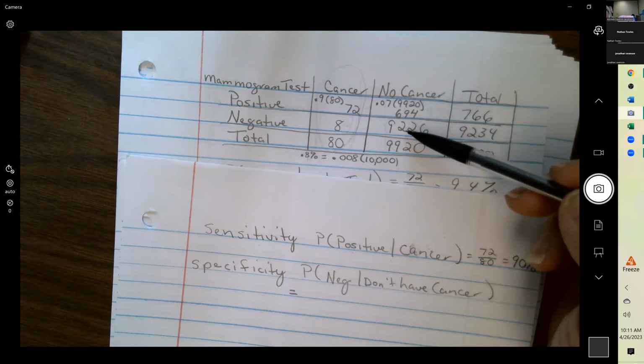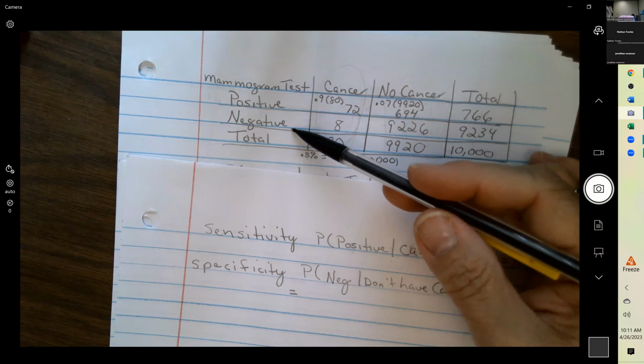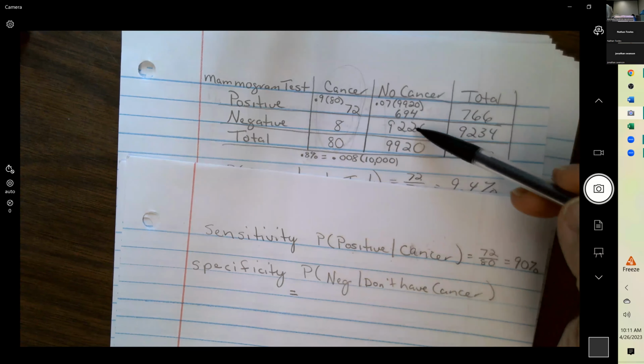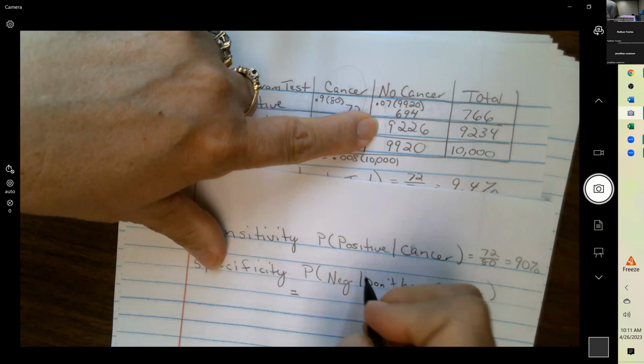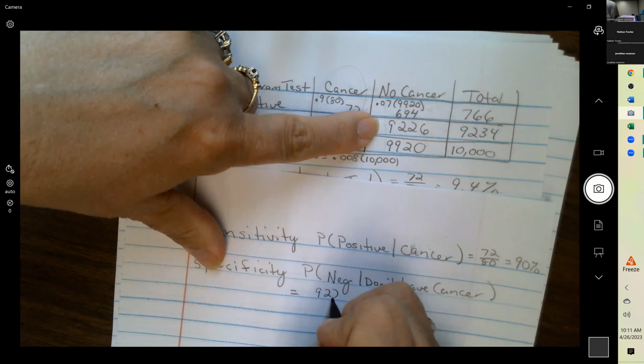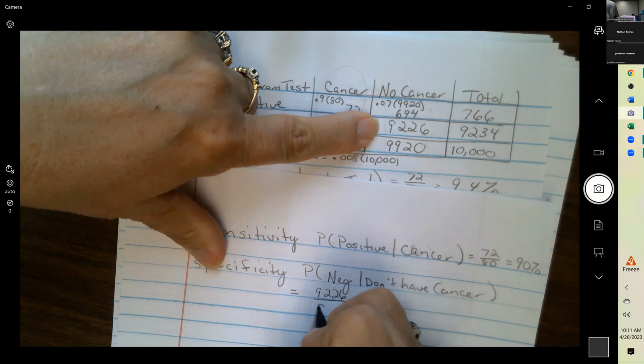Testing negative would be this one. 922 out of the total.